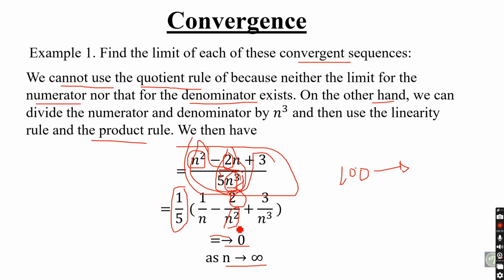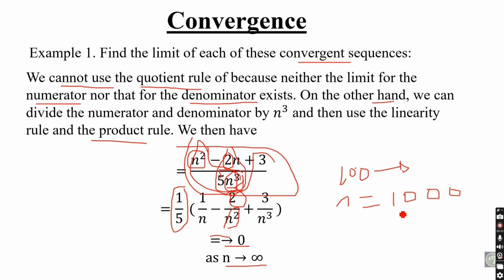Let's say n is equal to 1000. So 1 over n is 1 over 1000, which is 0.001, minus 2 over n squared.